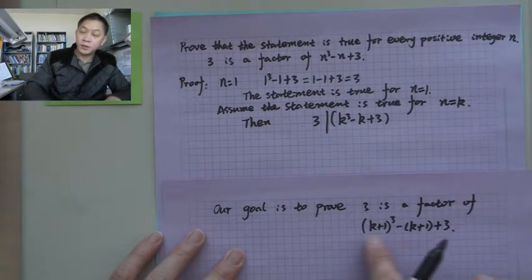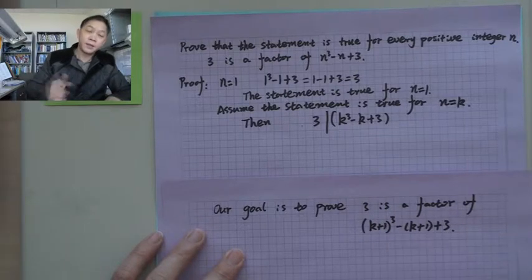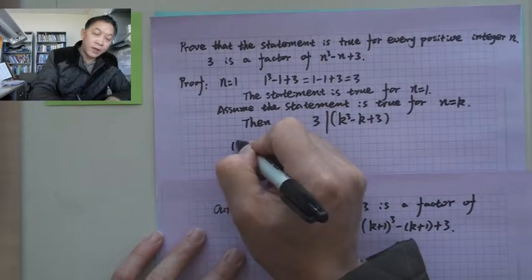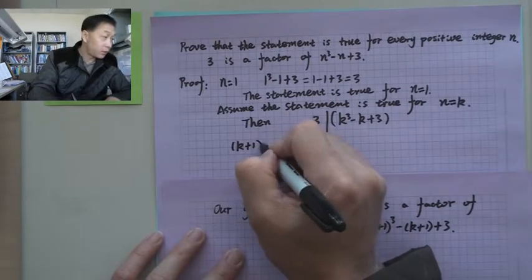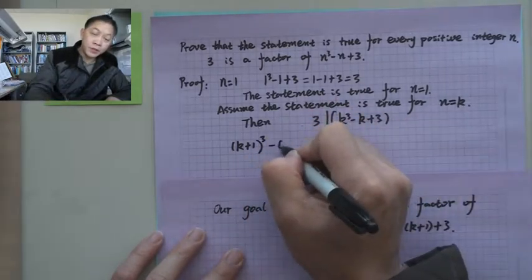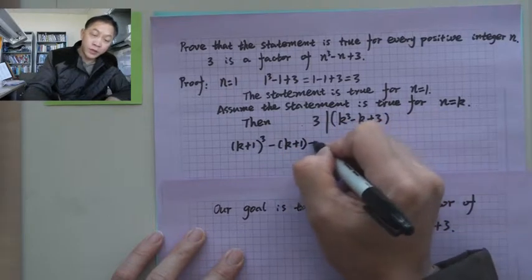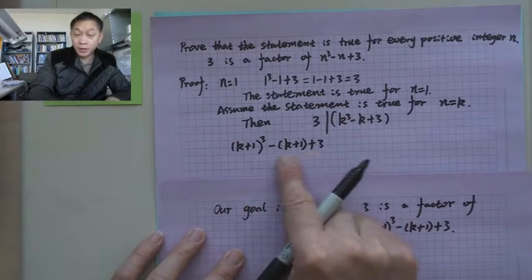Now let's see how it looks. We have k plus 1 cubed minus k plus 1 plus 3. We want to show that there is a factor 3 right here.